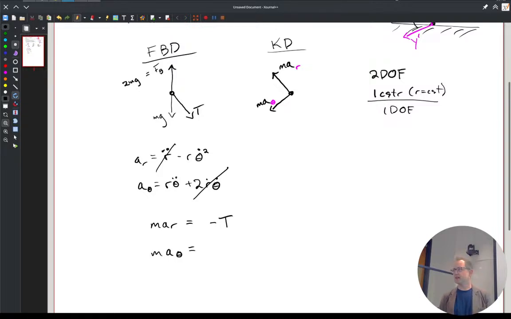Buoyancy, gravity, where are those pointing? There's some angle, right? So now we have to do some trig or some geometry, parallel lines. Do you want to add the two forces so we only have to deal with one? Yeah, because you have negative mg plus 2 mg.